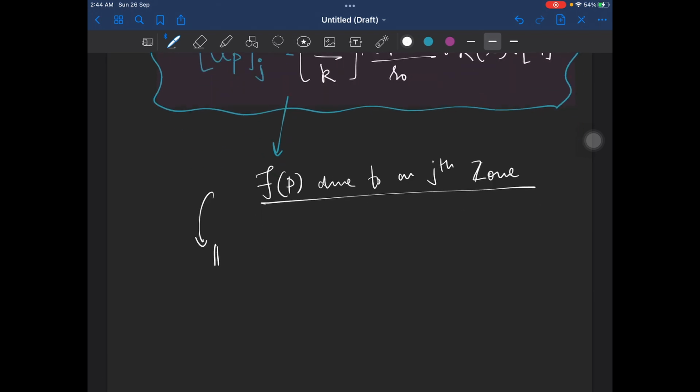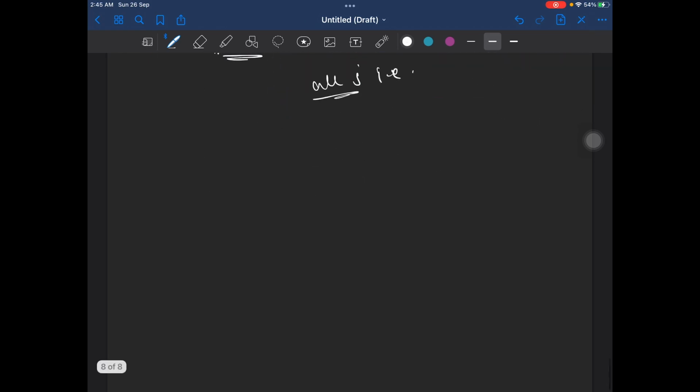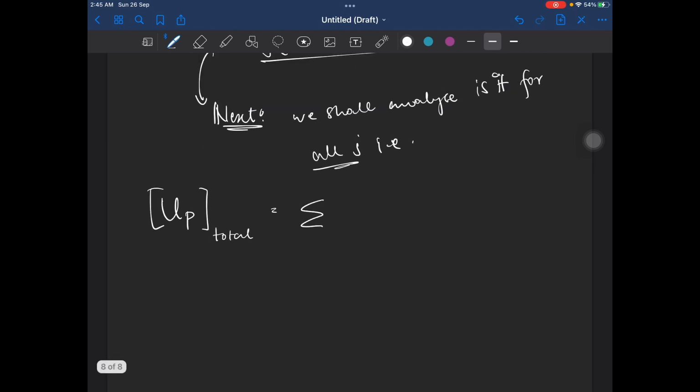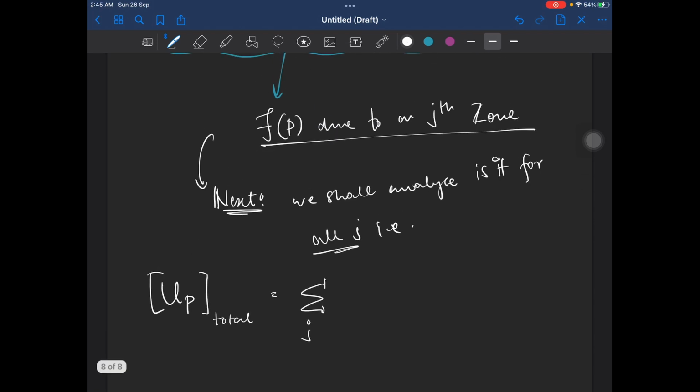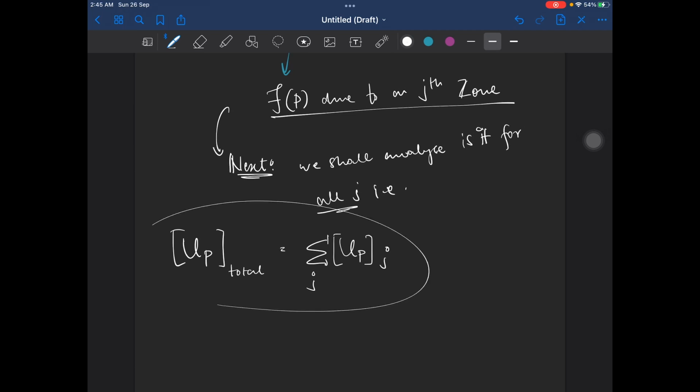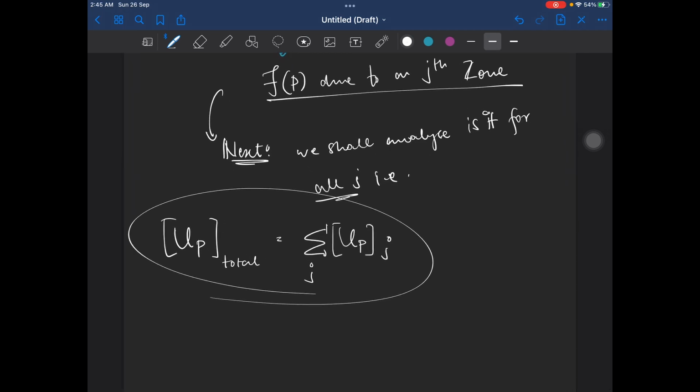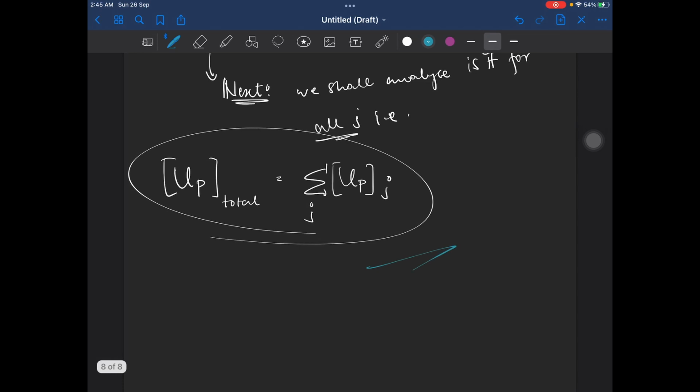Next, we shall analyze it for all j, that is, U_P total is equal to the summation over j of U_P due to the jth zone. This is the thing, and it's the end for this talk. Thank you.